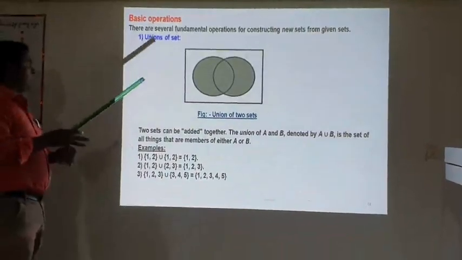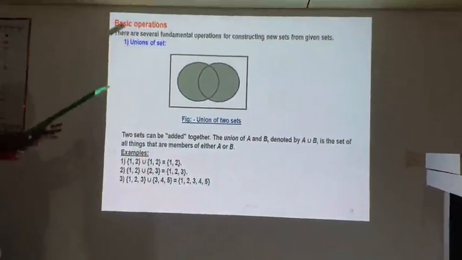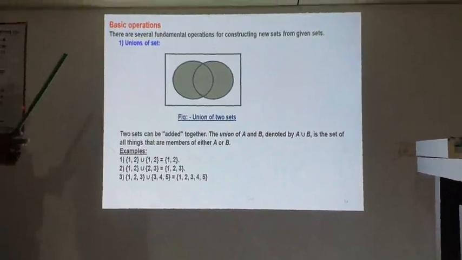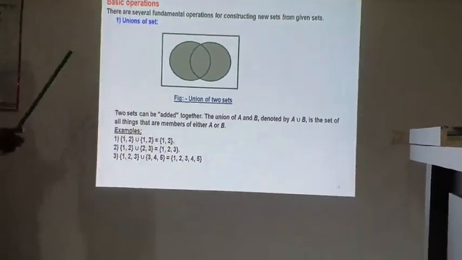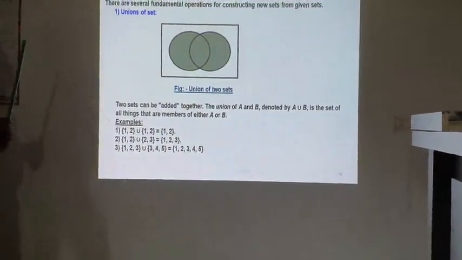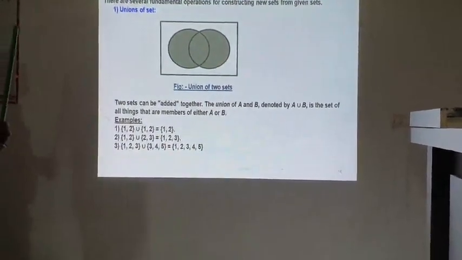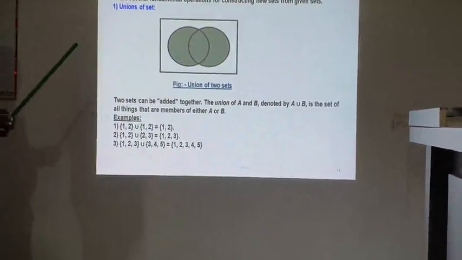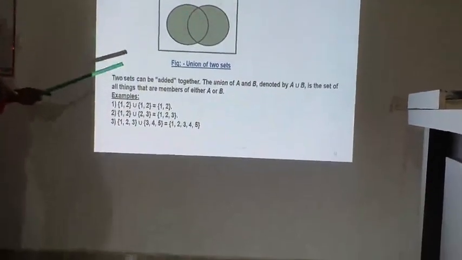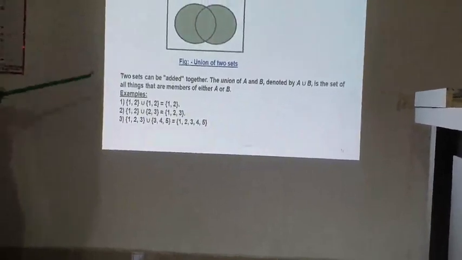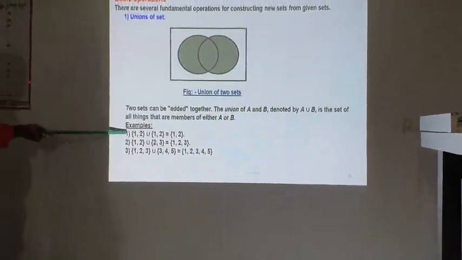If A has some elements and B also has some elements, then together we get the union of the two sets. Without repeating any element, we can write all elements from sets A and B, and it is called the union of two sets. See some examples here.